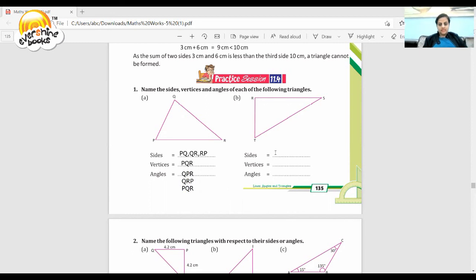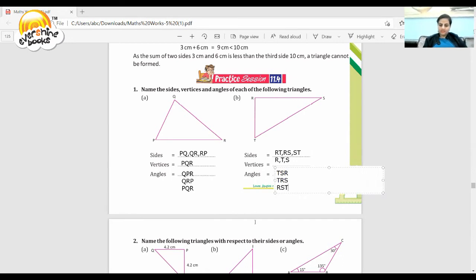Sides are RT, RS, ST. Vertices are R, T, S. Angles are TSR, TRS, and RST.